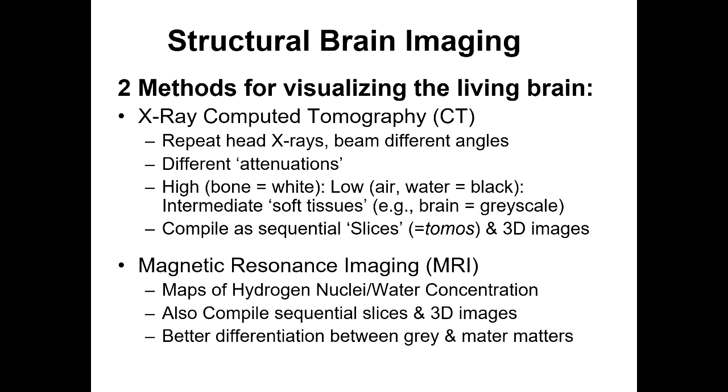And we'll look at a couple of clinical examples in the next 10 minutes or so, where techniques for imaging the brain are of use for people practicing optometry. Okay, so there are two accepted and basic methods for visualizing the structure of the living brain.